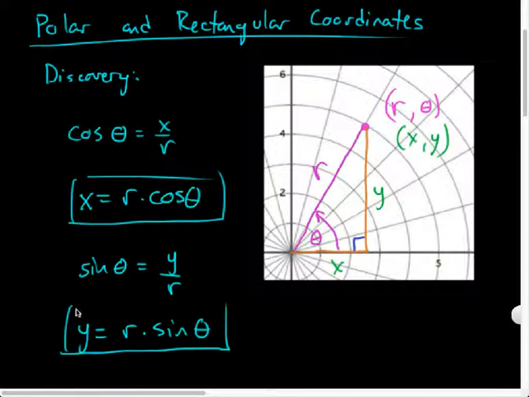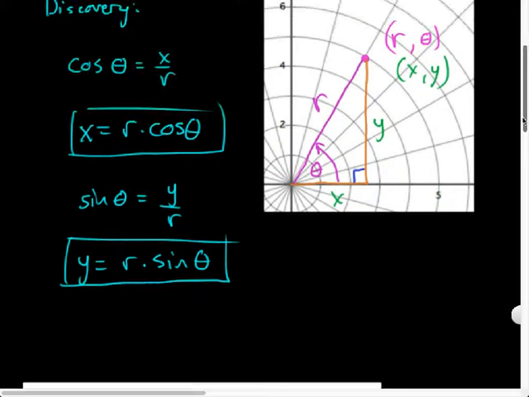So now it turns out if I know x and y, I could solve a system in order to solve for r and theta. If I know r and theta, I could calculate x and y according to these formulas. Good times. So let's take a gander at this right here.